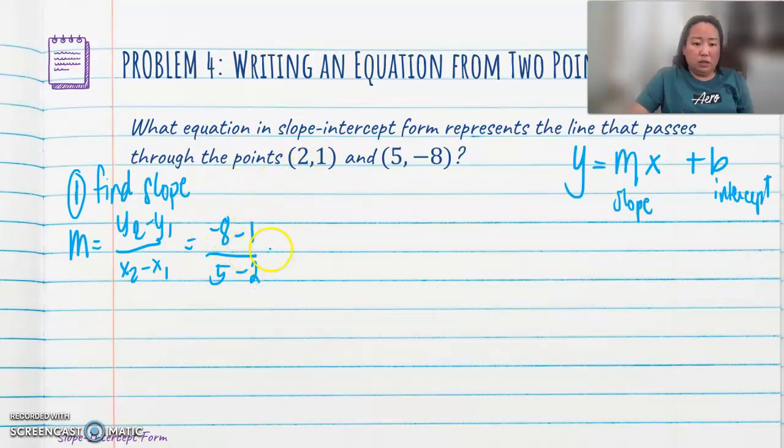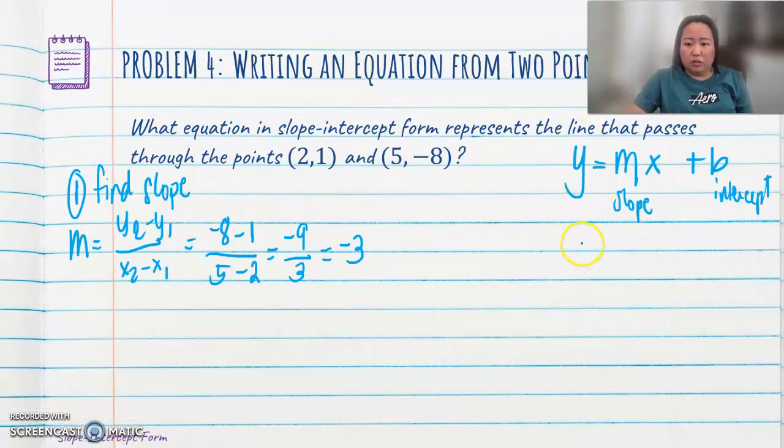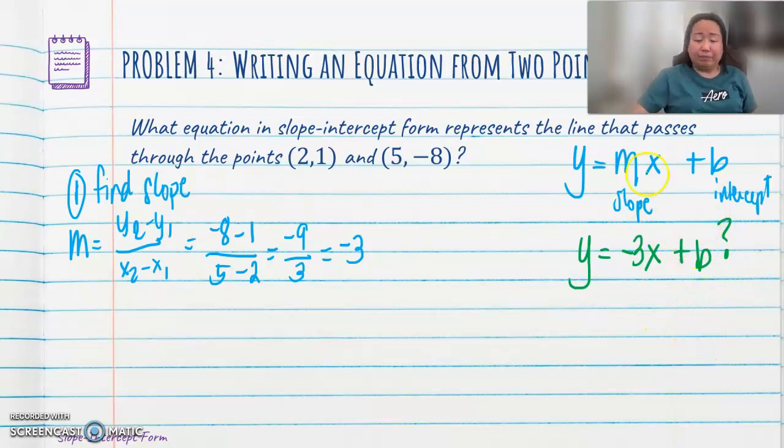So we can see that here, our slope will be -9 over 3, which you can simplify as -3, okay? So for now, we already have our slope. So we already have something that is -3x, okay?